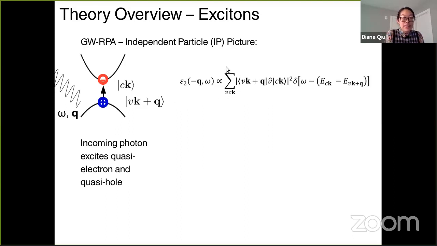And you can calculate the optical absorption spectra using Fermi's golden rule. The optical absorption spectrum, which is the imaginary part of epsilon, just goes as the matrix element between the valence state at v k plus Q and the conduction state, c k. And you have a delta function that corresponds to the energy of this transition.